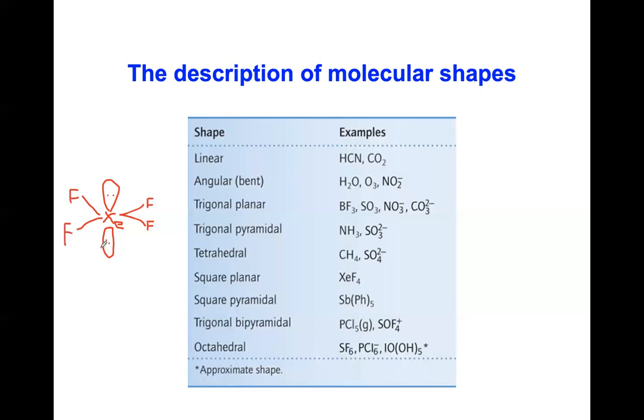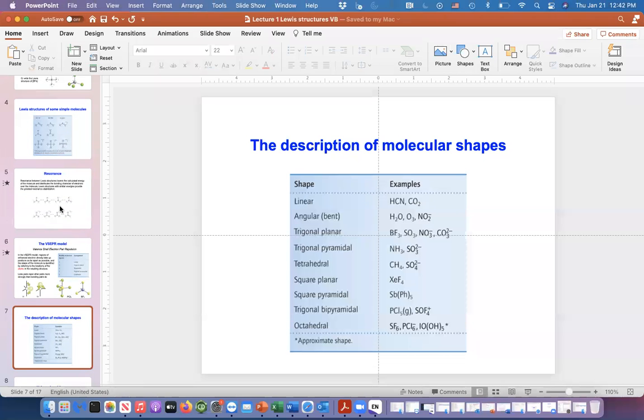So in this case, how many electron regions do we have here? 6 or 4? Yeah, there are 6 electron regions.